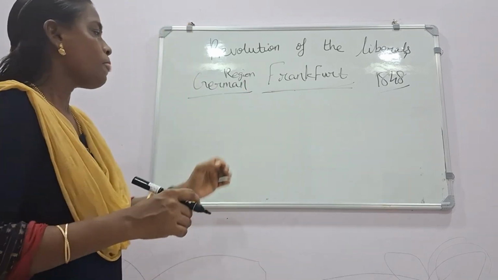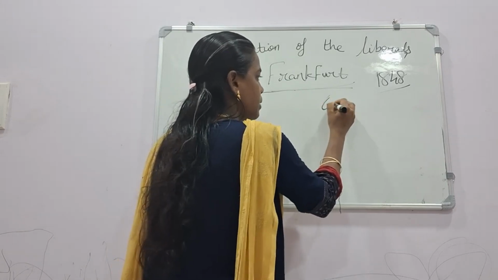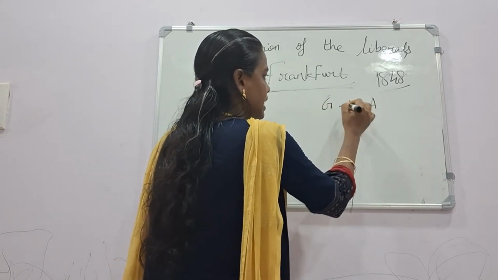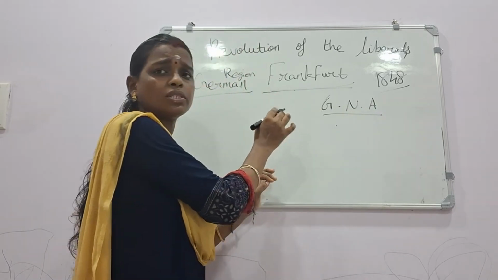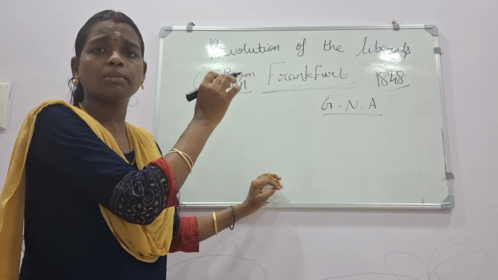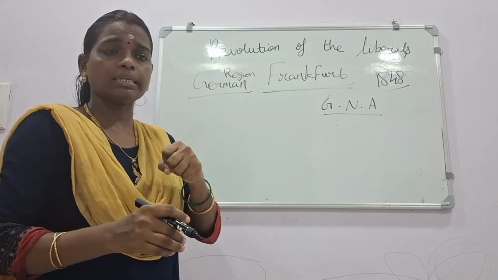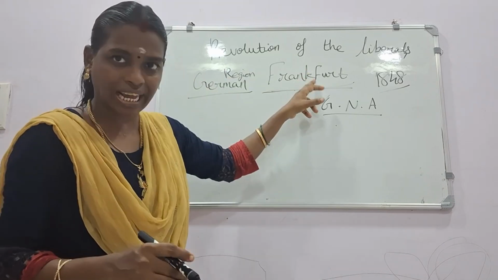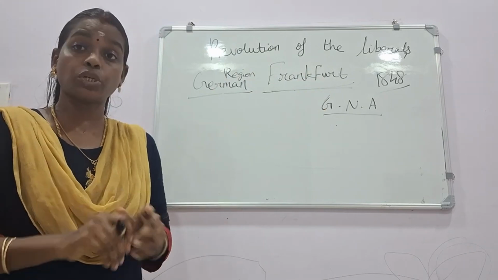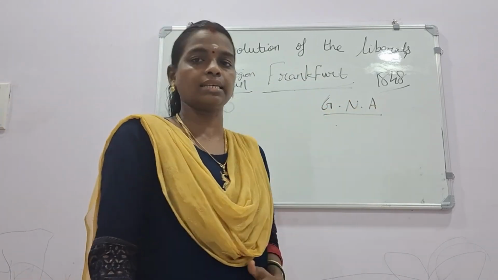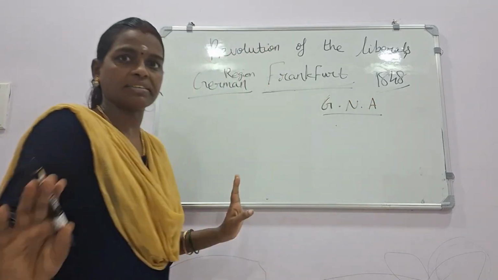So in 1848, the German National Assembly election was conducted. All the German region middle class associations joined together and met at Frankfurt, where they decided to cast their vote in the election of the German National Assembly.